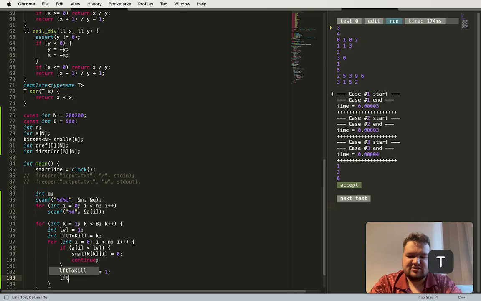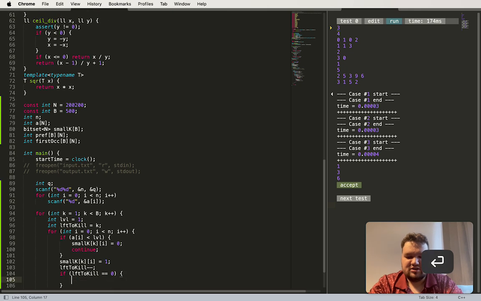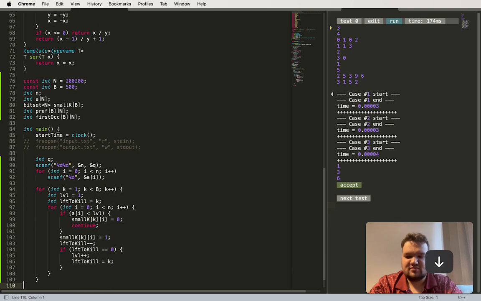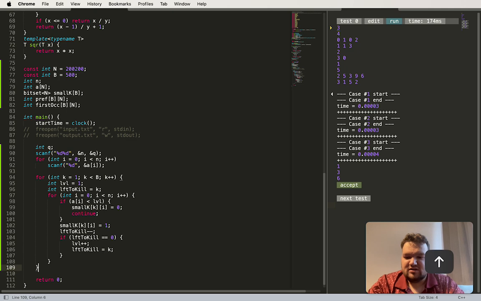We decrease left to kill, and if it reached 0, it means that we have level up and that counter is set back to k. That's it. So we remembered all the information for small k.